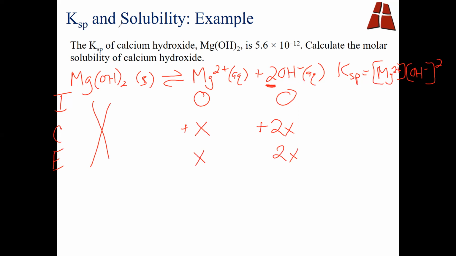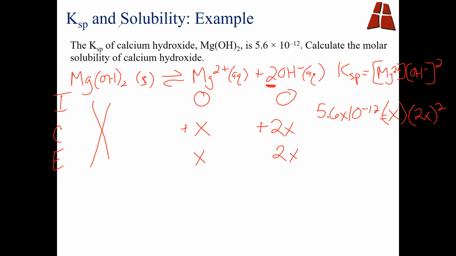Then if we plug our known numbers, or variables, into our KSP expression, we should get 5.6 times 10 to the negative 12 equal to X for magnesium times 2X squared for our hydroxide.